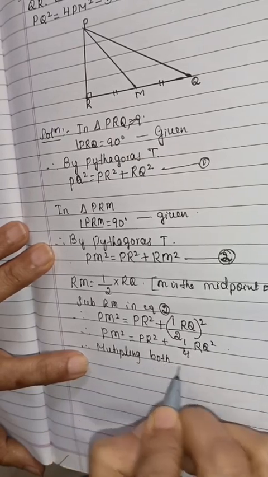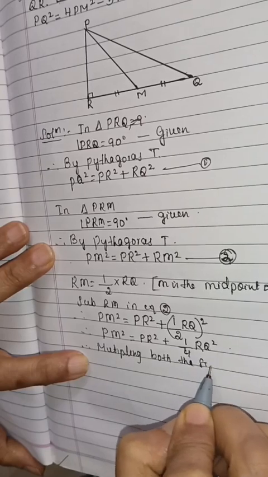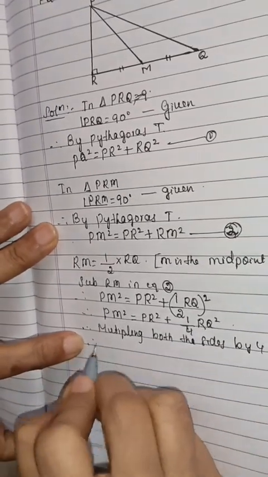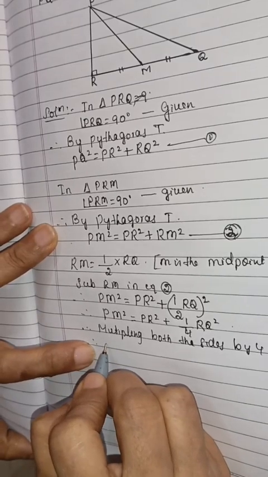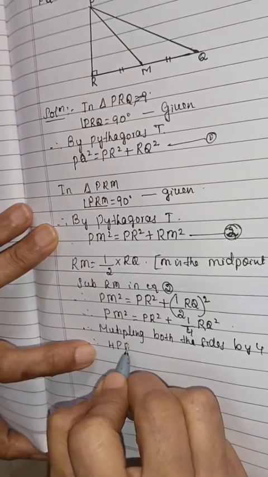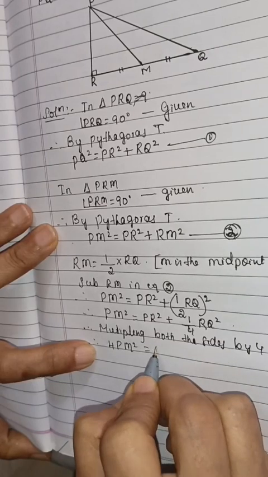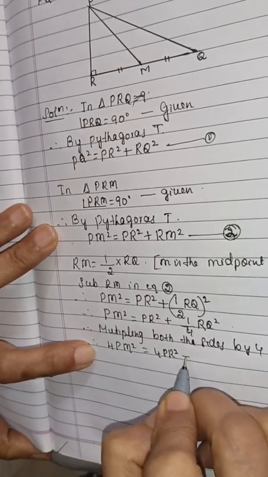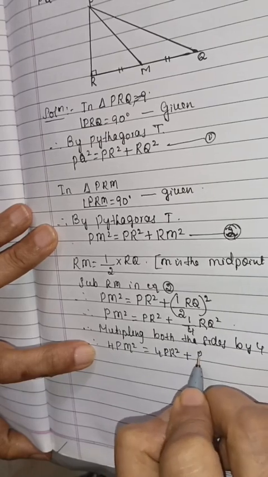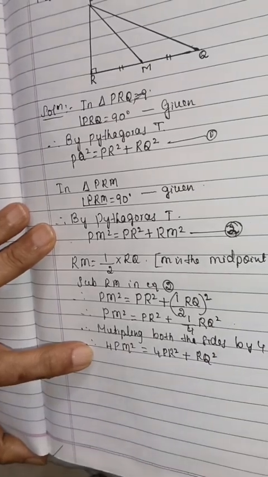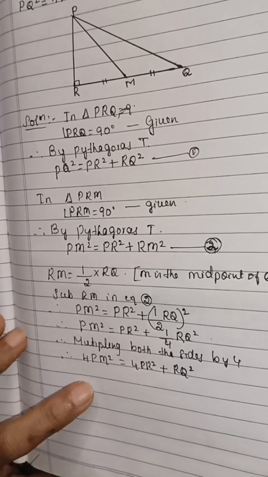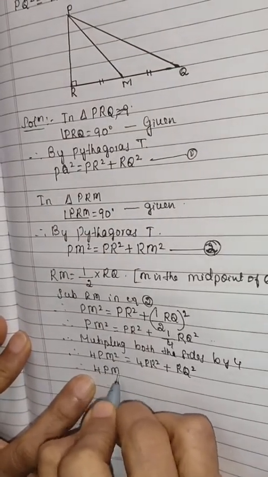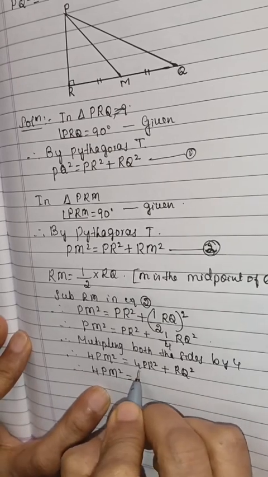Therefore, 4 PM square equal to 4 PR square plus RQ square.